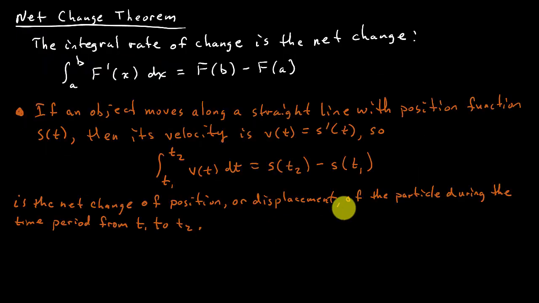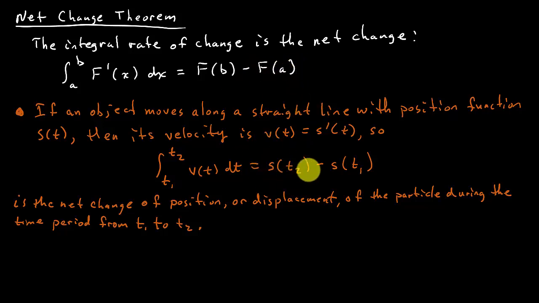Okay. All right, so now let's look at the net change theorem. That was indefinite and definite integrals there. The net change theorem says the integral of a rate of change is the net change: the integral of F prime of x dx from a to b is equal to F of b minus F of a.